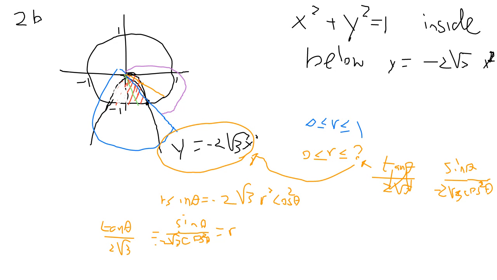Yeah, so now we have to think about theta. As I said before, there's two different behaviors. So first, what are the bounds for theta? Well, we see that in the fourth quadrant, and yeah, I could draw another orange line here. If I get very close to 0 here for theta, I still have parts in that parabola, right? Because the tangent of the parabola is 0 at the origin.